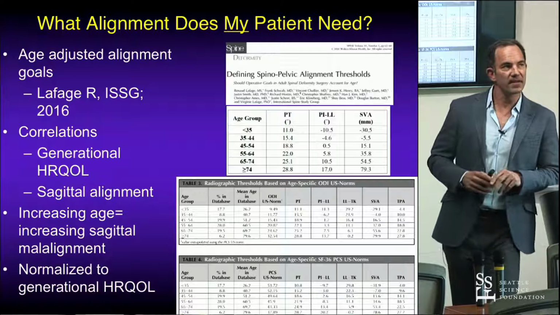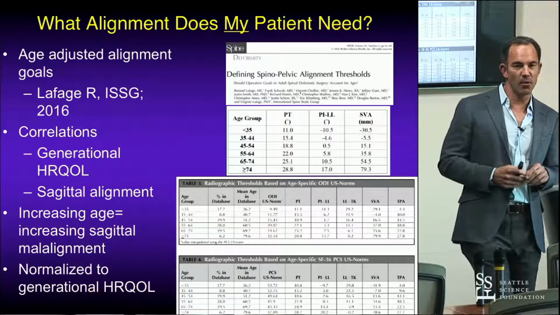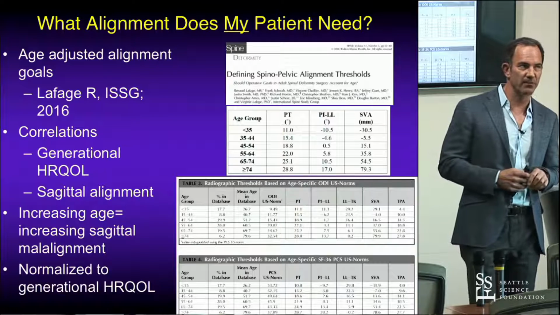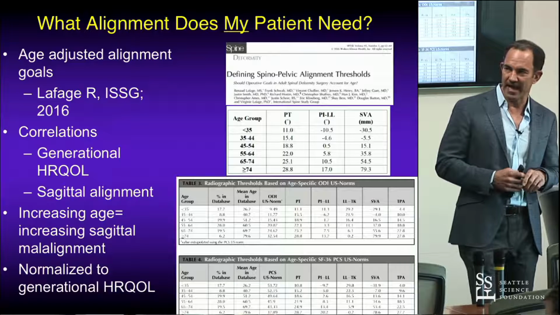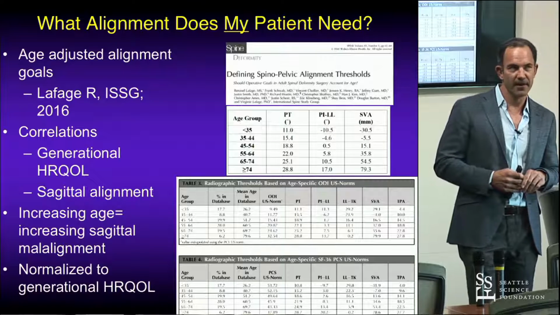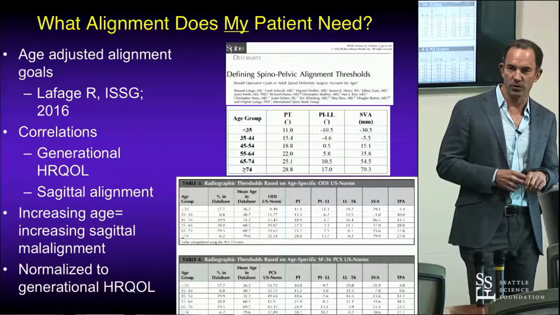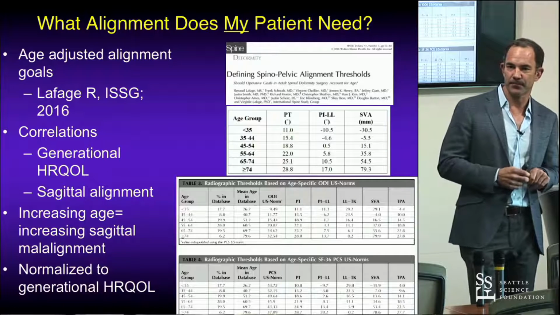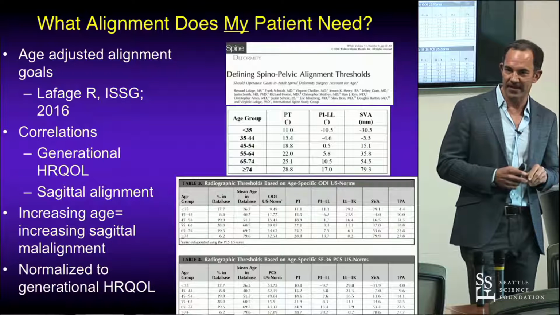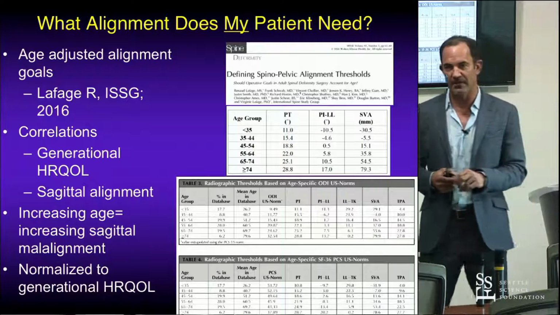As we all know, with increasing age you get increasing sagittal malalignment. If you normalize that to generational quality of life, the 35-year-old and the 75-year-old don't need the same SVA. They don't need the same reduction in lordosis gap. When I say lordosis gap, I mean PI minus LL.